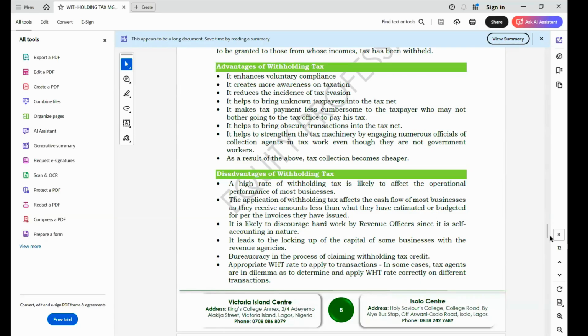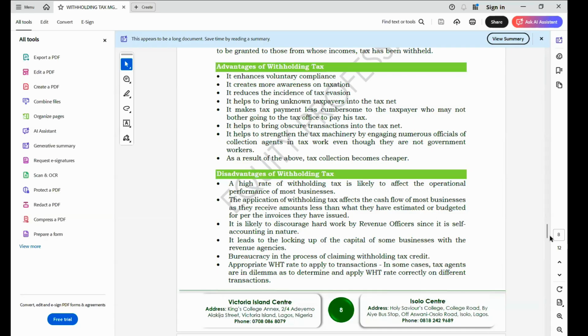Because withholding tax is self-accounting in nature, it leads to locking up of capital in some businesses with the revenue agency. Money that is supposed to be used for other activity, the revenue will have collected at source from the taxpayer. Then there is bureaucracy in the process of claiming withholding tax.